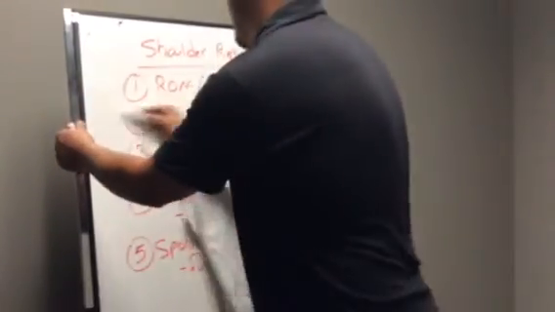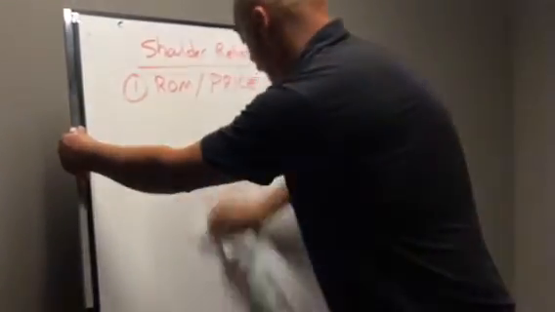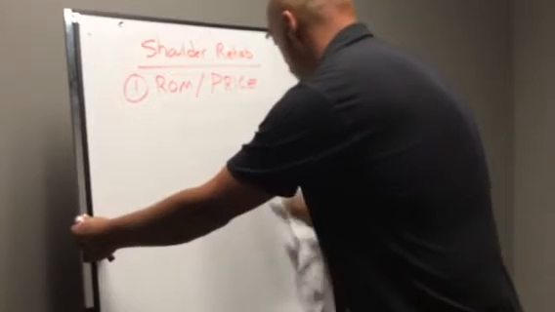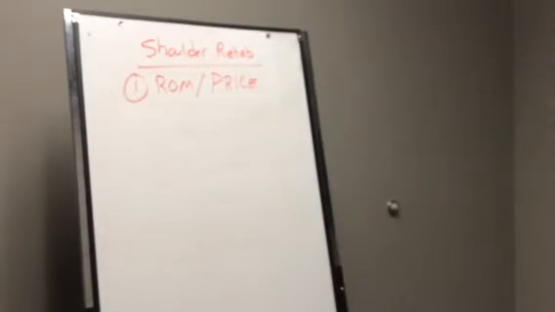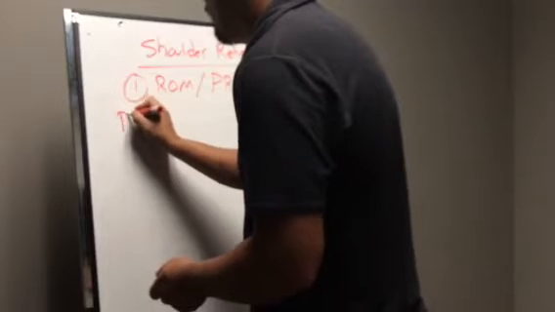So let's talk about stage 1 here, range of motion and PRICE. So this is kind of the biggest one with our shoulder. We start out with different progressions. So first off, we're going to start out with range of motion. We're going to start out with passive range of motion.